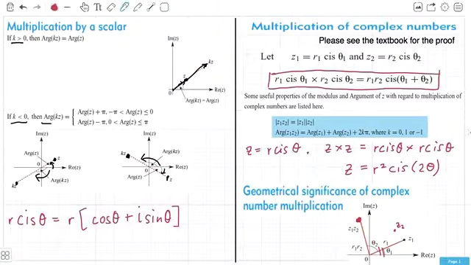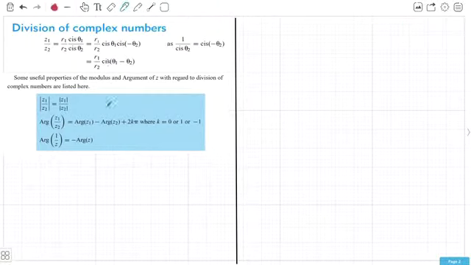So on the next page we've got division of complex numbers, and there's just a little proof here for that. So two complex numbers of the form z1 equals r1 cis theta 1 and z2 equals r2 cis theta 2. If you're dividing them one by the other, you can see from the proof here that it's the two moduluses now divided by each other, and this time instead of adding the angles, you subtract them.